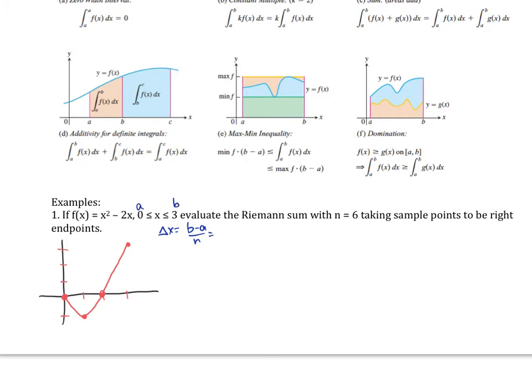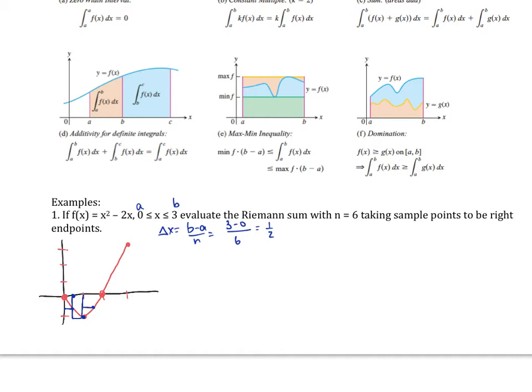We're going to say that this is 3 minus 0 over 6 rectangles. So each one will be spaced by a half. So right here is going to be the right endpoint for my first rectangle at 1/2. My second rectangle will have this right endpoint and will look like this.